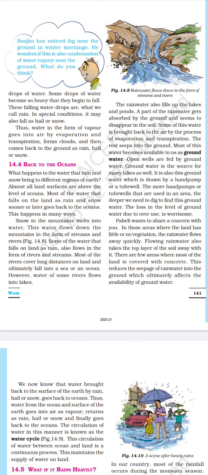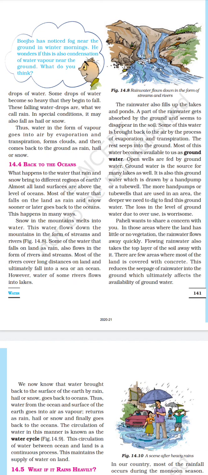And you know the process of transpiration. The excess water absorbed by the plants is released from their body through stomata or lenticels. This process is called transpiration. So by these two ways, evaporation and transpiration, the water particles may increase in the atmosphere.